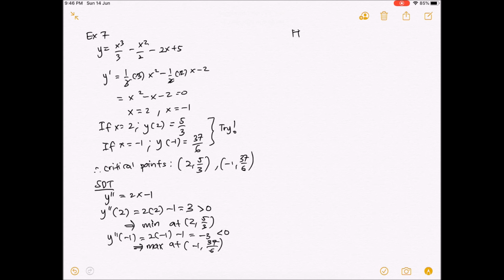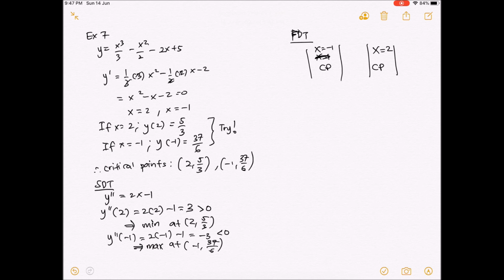Now let's use the first derivative test. Remember, you will have the same answer using the first derivative test. First of all, I have x equals -1 and x equals 2, which are our critical points.